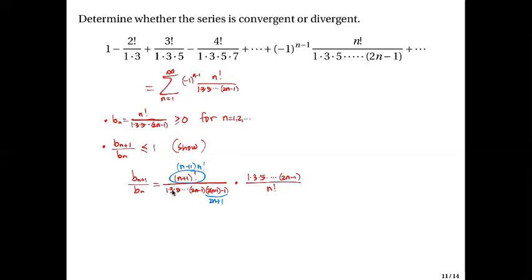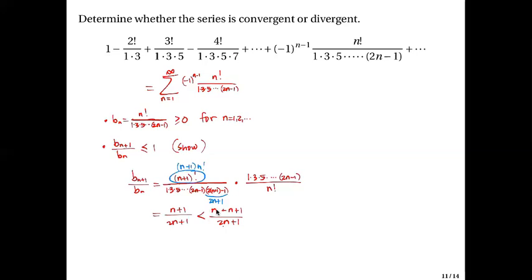And then this 1 times 3 times 5 until 2n minus 1 will cancel the same in the denominator, so that we will be left with n plus 1 divided by 2n plus 1. Clearly, this is less than n plus 1 divided by 2n plus 1.